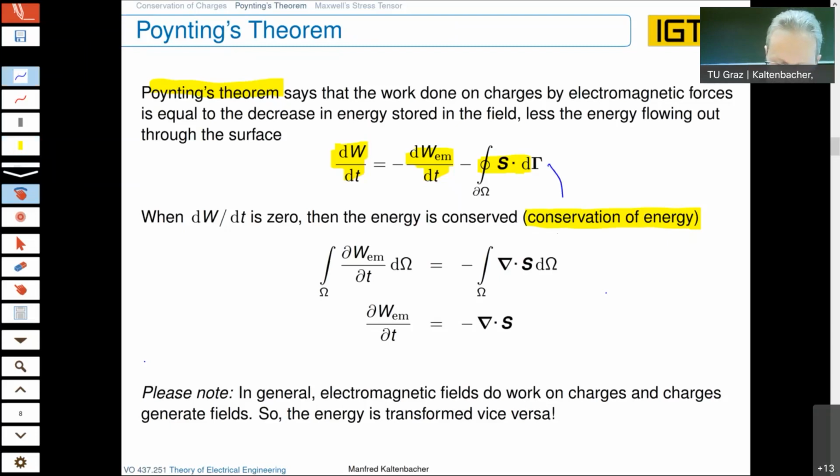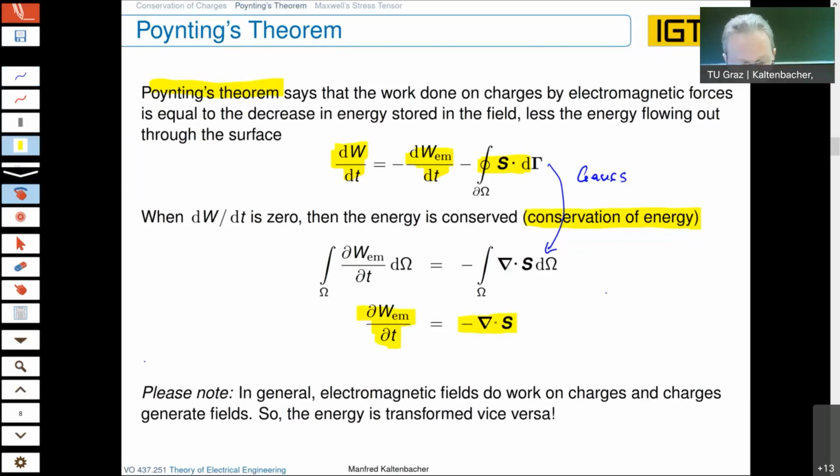Here we apply the Gauss theorem, so that we come back from the closed surface integral to the volume integral. We consider the same volume integral, we neglect it, and we get it in a differential form: the change of the electromagnetic energy in a conserved state is equal to minus the divergence of the Poynting vector.